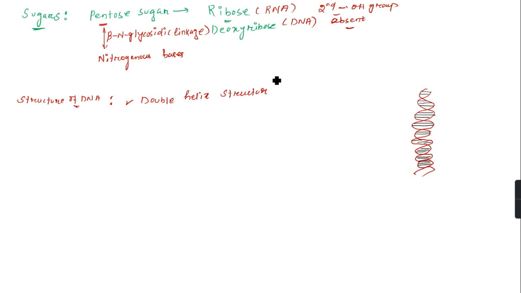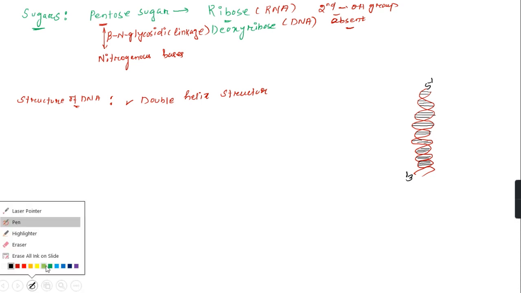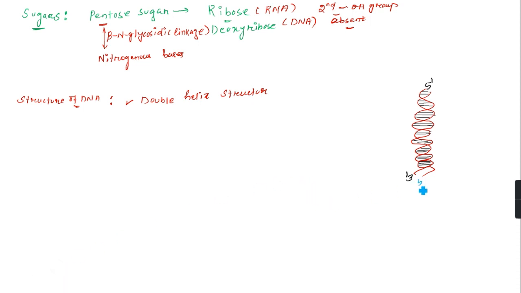One strand runs in the 5 prime to 3 prime direction, and the other runs in the 3 prime to 5 prime direction. Both strands of DNA are antiparallel to each other.